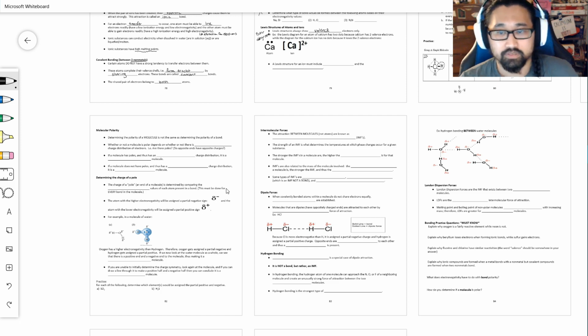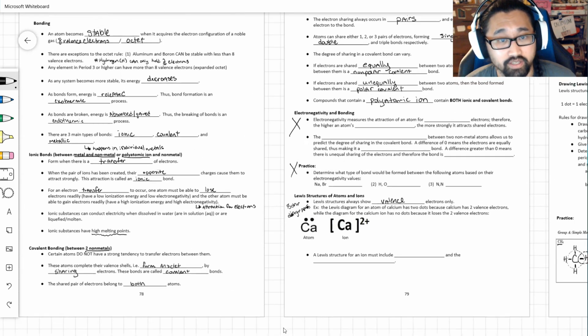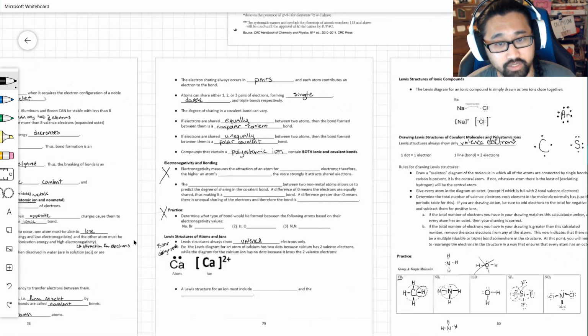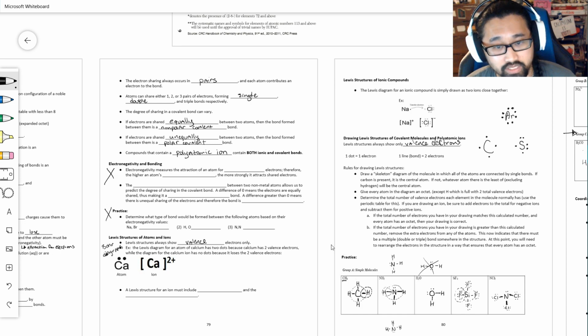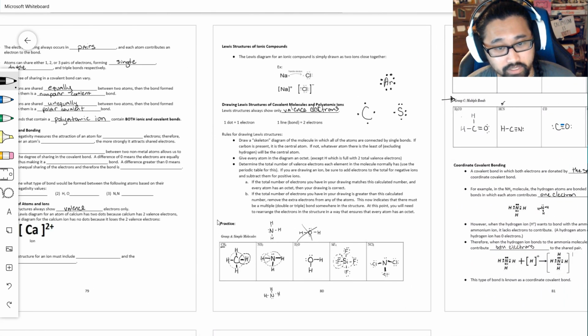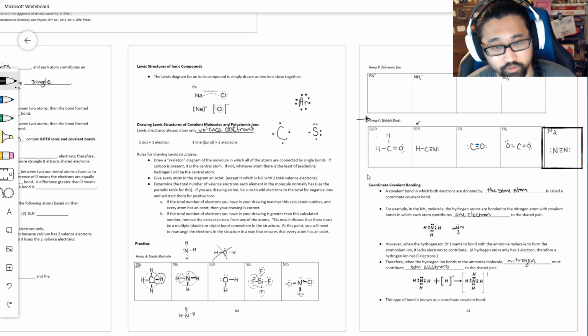But the last bit of our little bonding section here is, so we talked about ionic bonding, covalent bonding. We talked a little bit about creating the Lewis structure for simple molecules, the Lewis structure for molecules with multiple bonds.